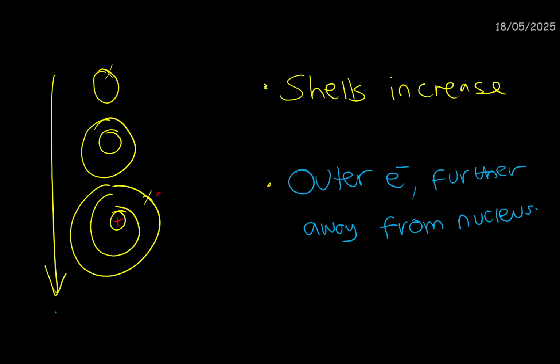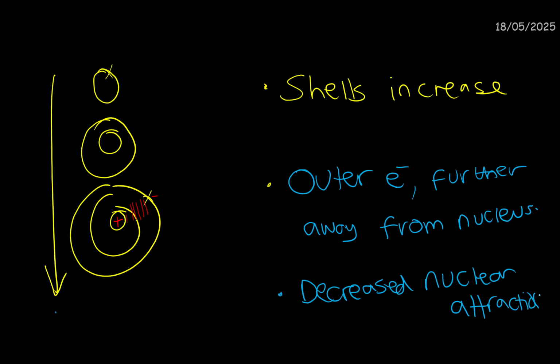This is called your nuclear attraction. Now, if it's further away, then we have a decreased nuclear attraction. So, because the outer electron is further away from the nucleus, there is decreased nuclear attraction. If there's decreased nuclear attraction, what happens about losing it? Is it easier or harder to lose? Easier, yeah, it's easier to lose.